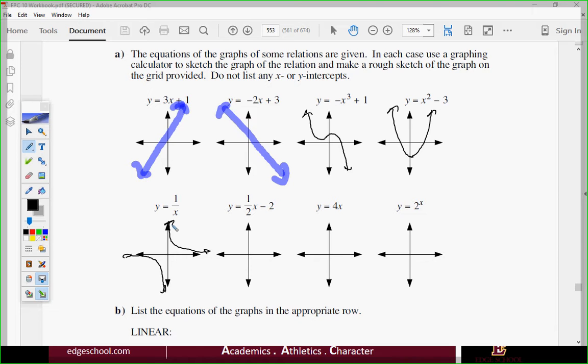One half x minus 2. Four x. And then 2 to the x. You can keep punching in more for practice, but that's what they look like.